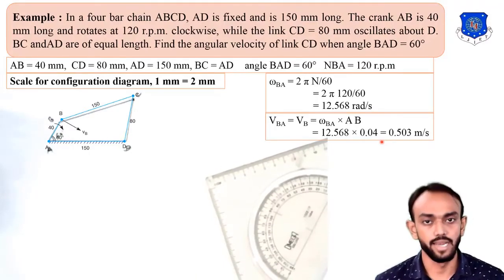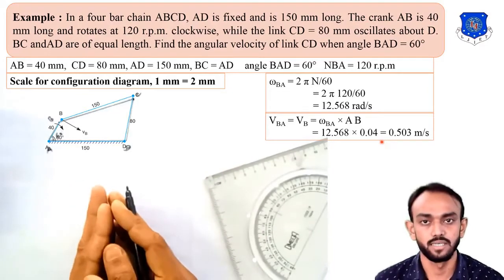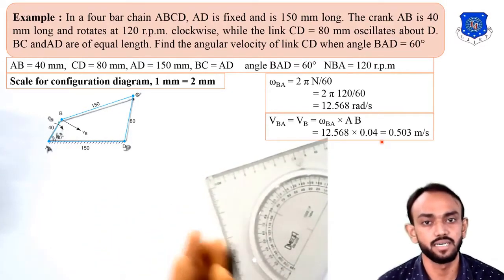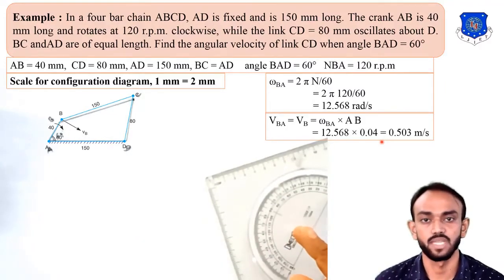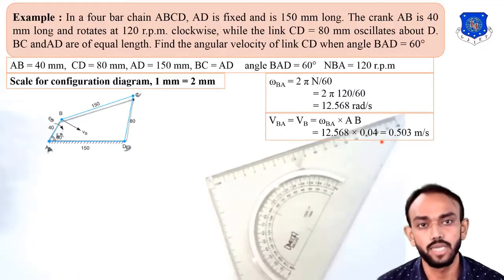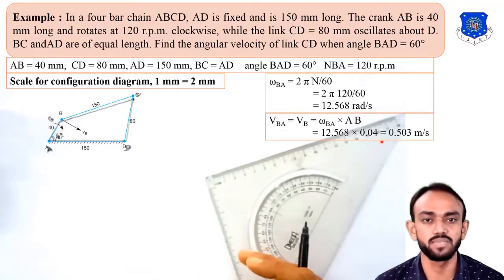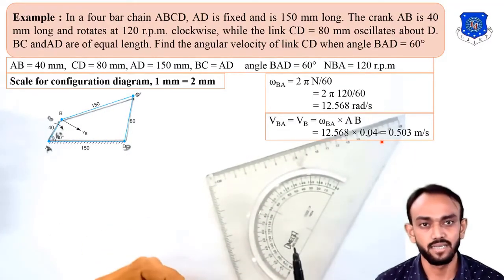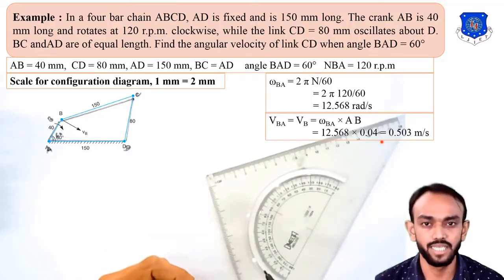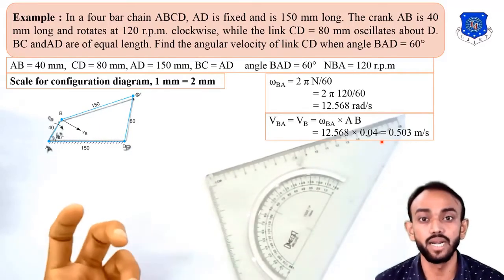Okay. So first of all, to draw the velocity diagram, we need a scale for the velocity diagram. Which scale will we take? Think about that. How can you draw this 0.5 meter per second? First of all, we have to take some scale. So I can say that 1 meter per second is equal to 100 mm.